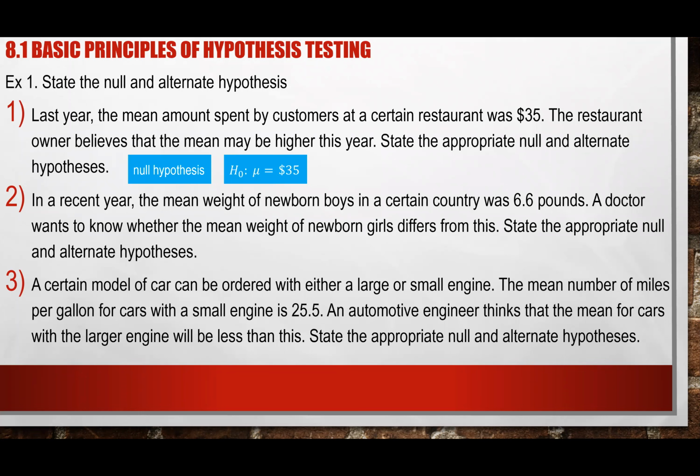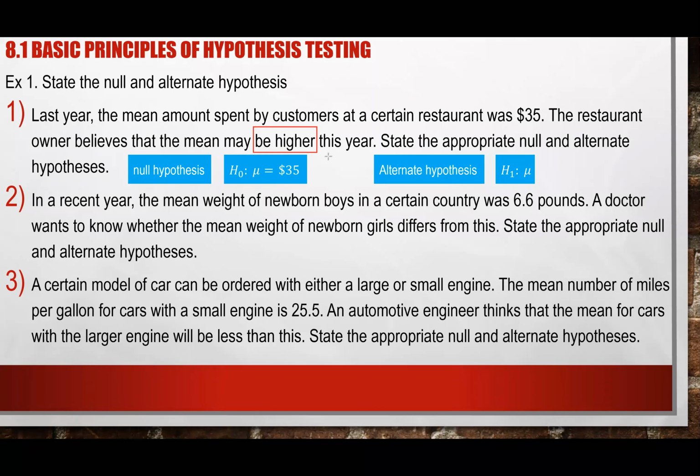Now, the alternate hypothesis will be H sub 1. Again, we still use the mean because our problem relates to the mean, right? And the owner believes the mean might be higher. What does it mean, maybe higher this year? Do you agree higher mean is greater than?